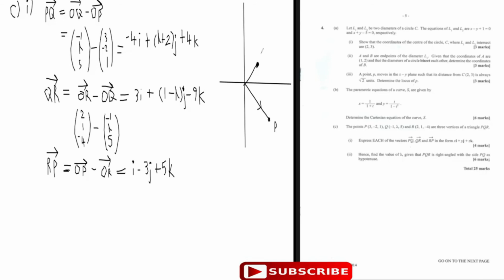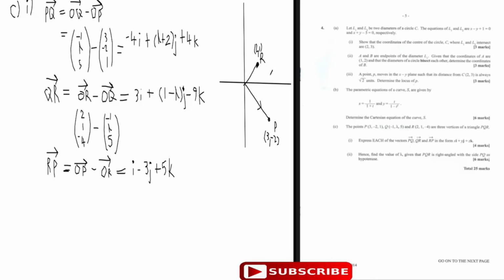This is R. Remember, we're only looking at the X and Y coordinates. P is (3, -2). R is the point (2, 1). And then we don't know where Q is, but based on what they said, PQ is the hypotenuse.